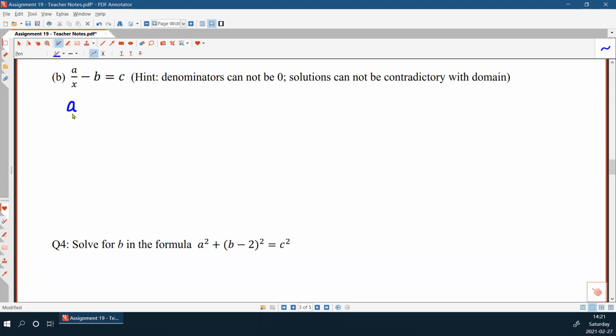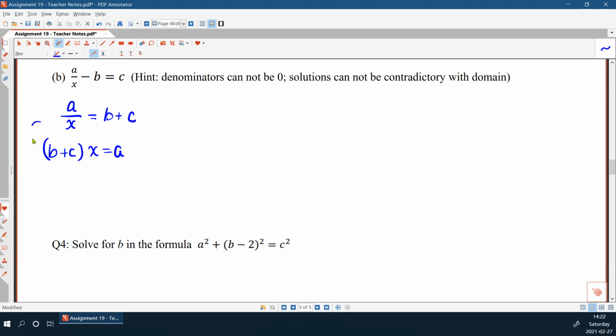So the original equation becomes a over x equals b plus c, right? And from here, we want to solve for x. An intuitive way to solve this is to use the cross multiplication method, right? So this gives us b plus c times x equals a, right?